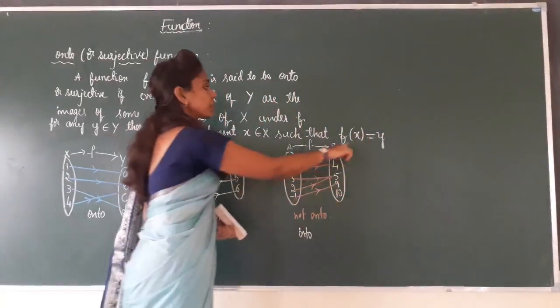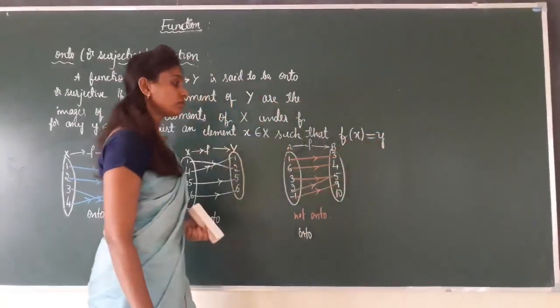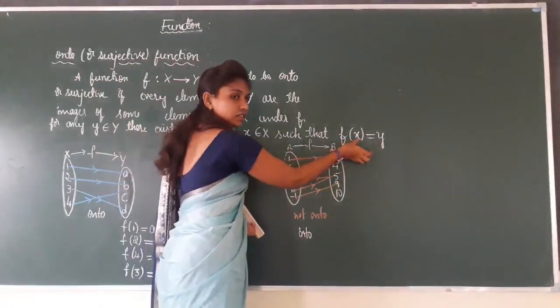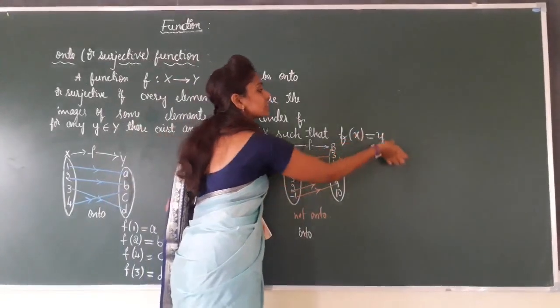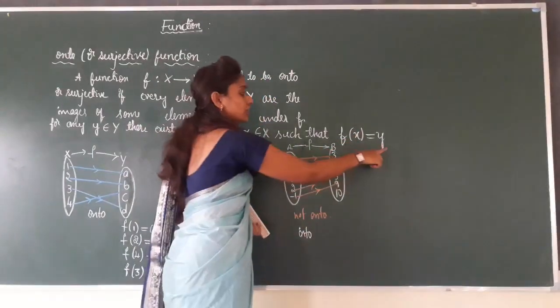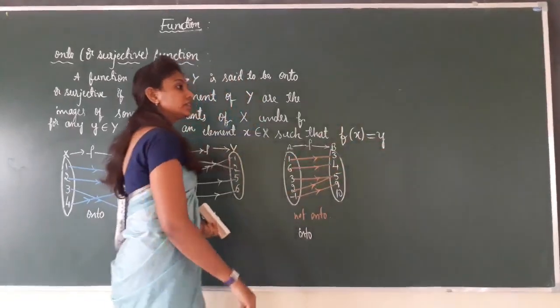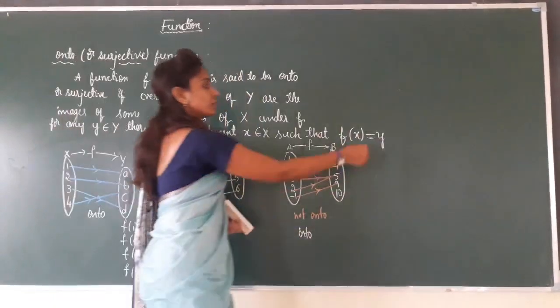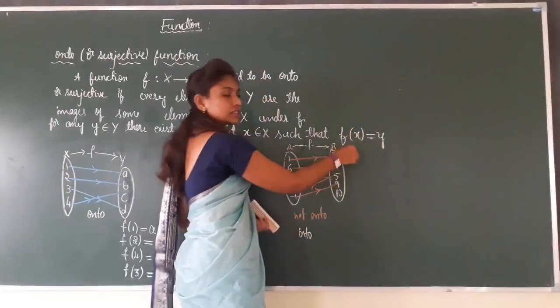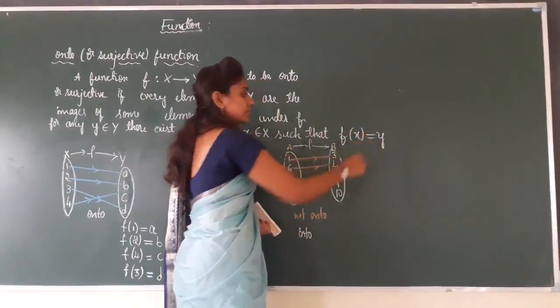What is the meaning of f of x is equal to y? The image of x is y, or for the element y in the set Y, there exists an element in the set X, that is f of x.